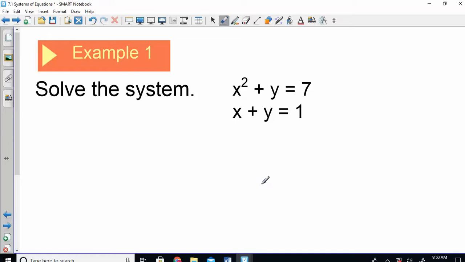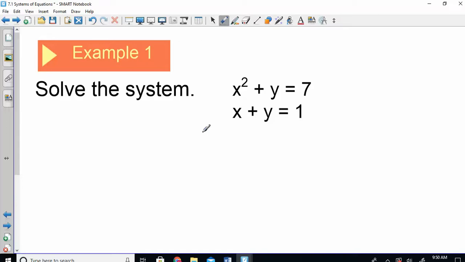Okay, so I have an x squared, x, and a y. So, any ideas, any suggestions? If you had to, we could do substitution. What would you want to substitute in for?